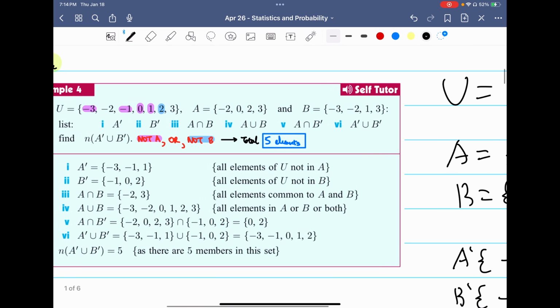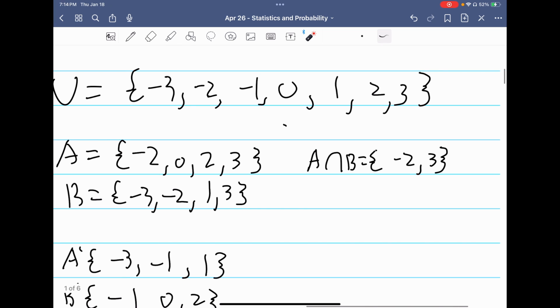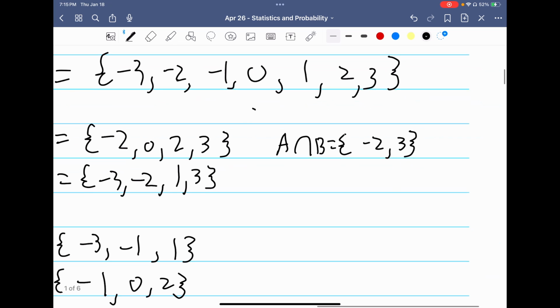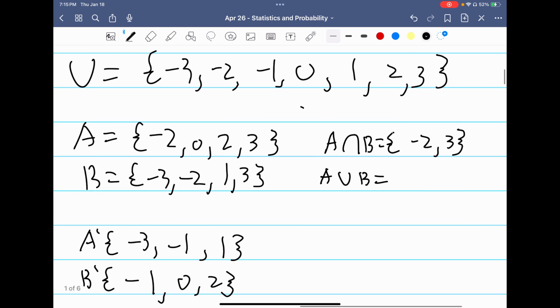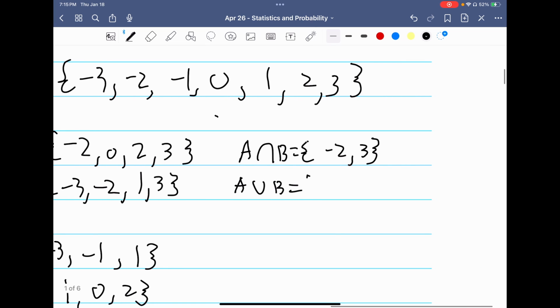And then we have A union B. A union B, as I introduced earlier, is all the numbers together within A or B. So first, I am going to write all the numbers of set A, which is going to be -2, 0, 2, and 3.